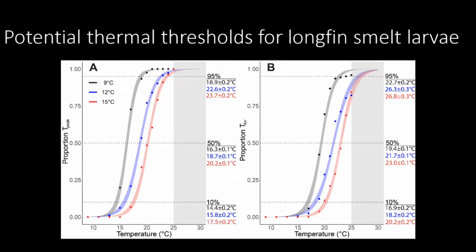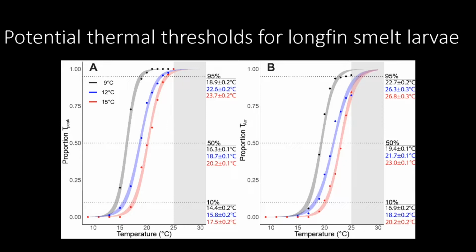Each of these horizontal dotted lines corresponds to a certain threshold percentage, where you have 10%, 50%, and 95% of individuals experiencing thermal stress, whether that's sublethal or lethal. What that means is that you can create these guidelines based on these percentages.